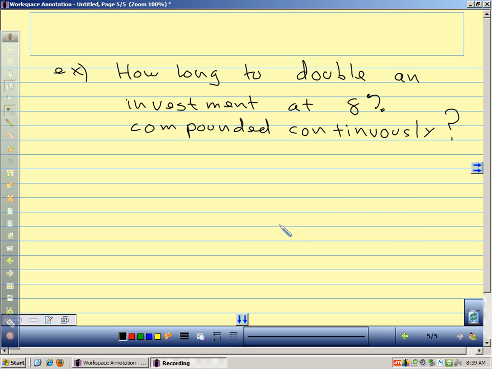So our continuously compounded interest formula is A equals P e to the RT, where the amount is what we get, principal is what we invest, our R is our interest rate as a decimal, and T is our time. So if we want to double our investment, so we start with amount equals P, what do we want to end up with?